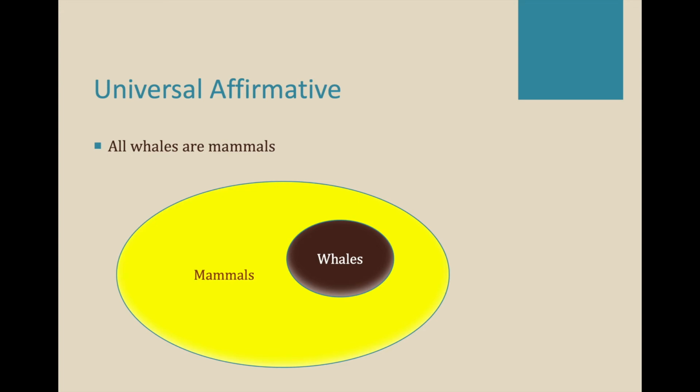It's a statement that says every member of the subject term class, which is whales, is included in the predicate term class, which is mammals. Another way to think about it is there aren't any whales who are not mammals. So all whales are mammals is a universal affirmative statement, which is to say all members of the class of whales are included in the class of mammals.